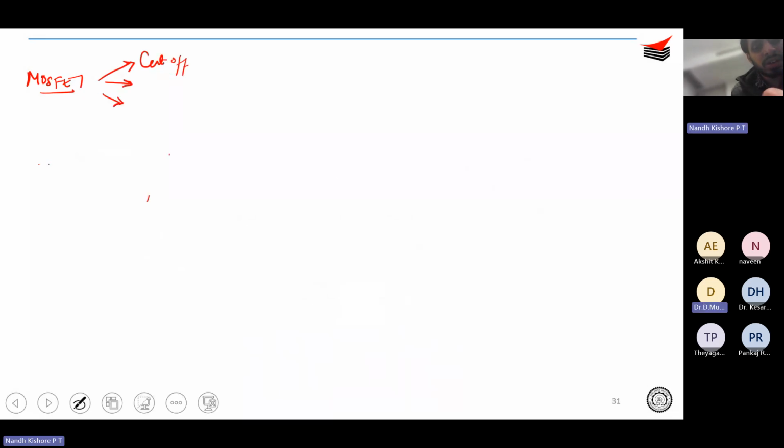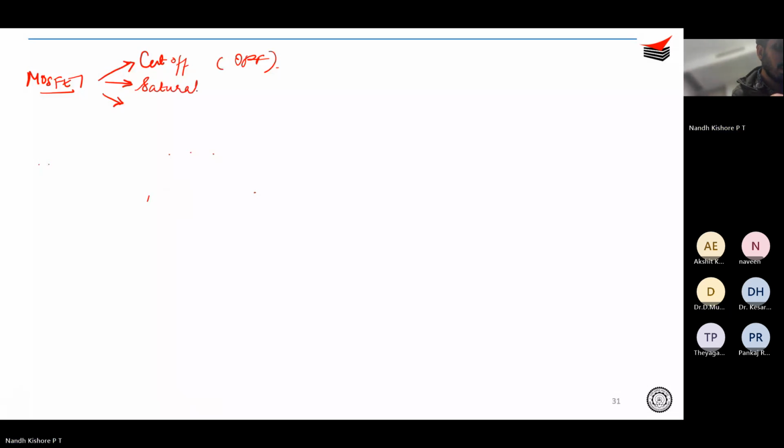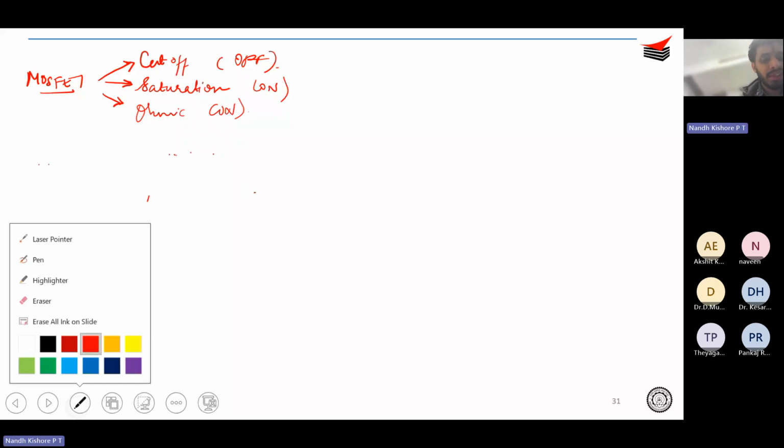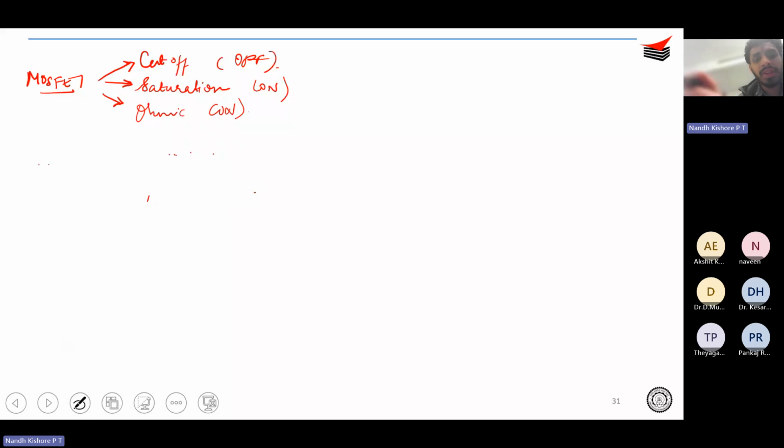One is the cutoff region, that is MOSFET is totally off. And one is what is known as the saturation region, right? Here the MOSFET is on, and one is known as the ohmic region, and again MOSFET is on, correct? And this is evident if you actually draw the VI characteristic of the MOSFET.